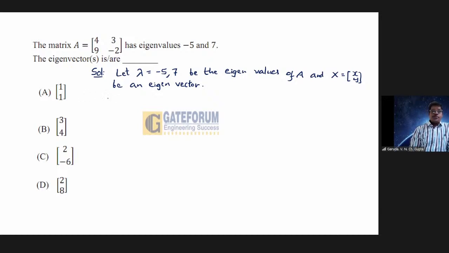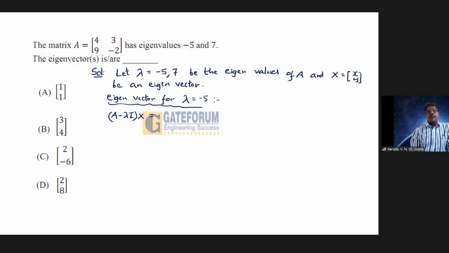So first, the eigenvector for lambda is equal to minus 5. So what is the procedure? How do you find the eigenvector capital X? By using this equation: A minus lambda I into X equal to 0.